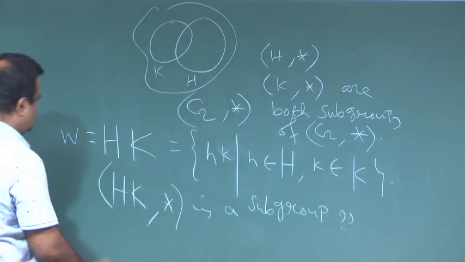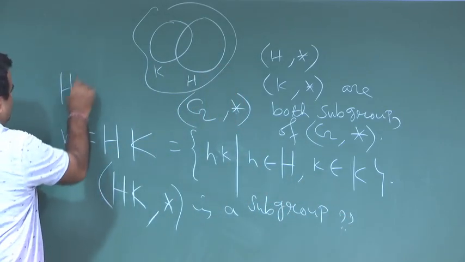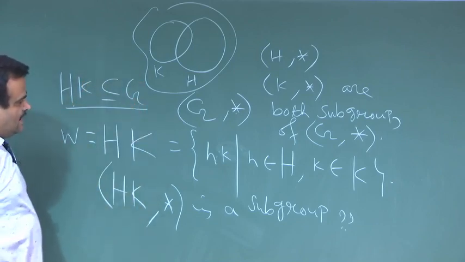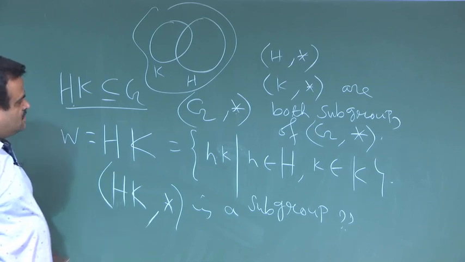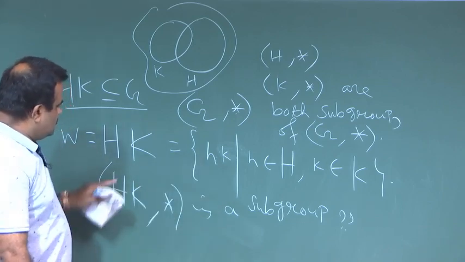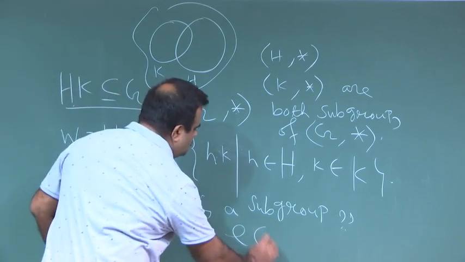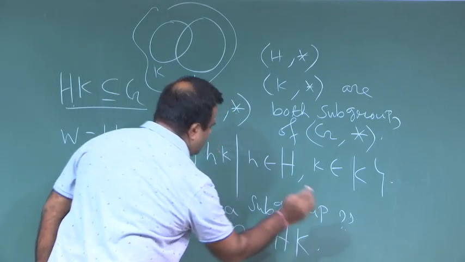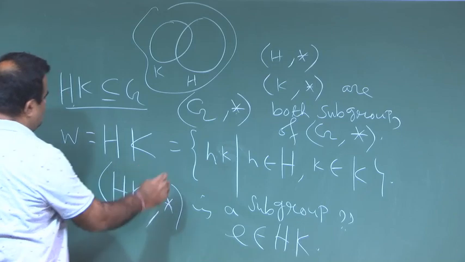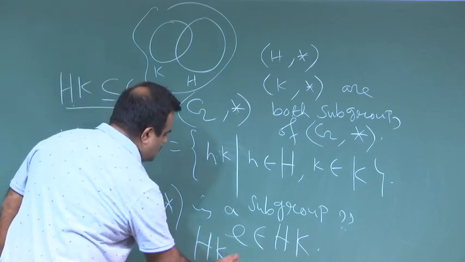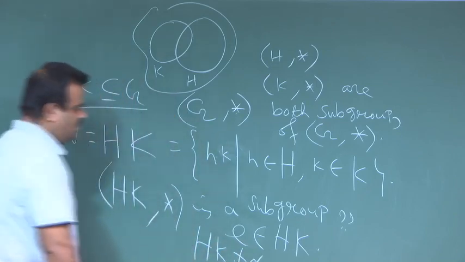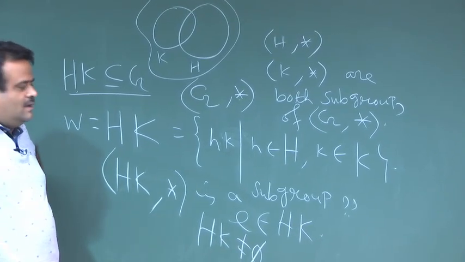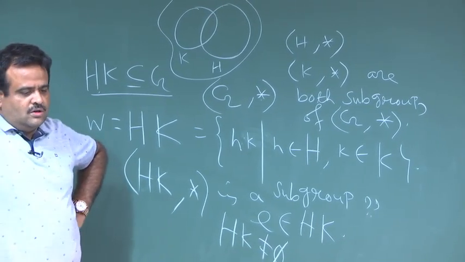HK is again a subset of G, and it is a non-empty subset. Why? Because E belongs to HK always. So, HK is a non-empty subset. Now, the question is whether this is a subgroup or not.